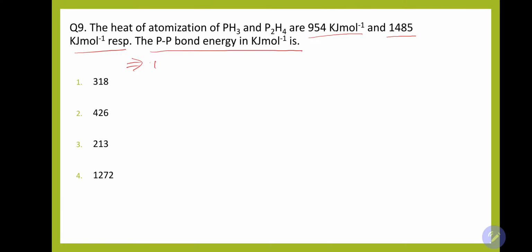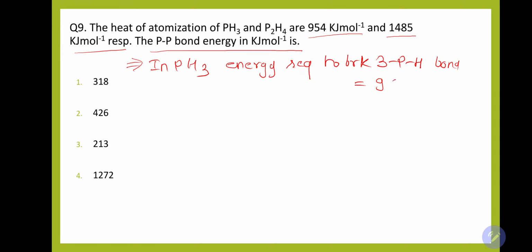So in PH3, let's take first the PH bond energy. What is the energy required to break 3 PH bonds? It is given as 954, which is the heat of atomization, right?